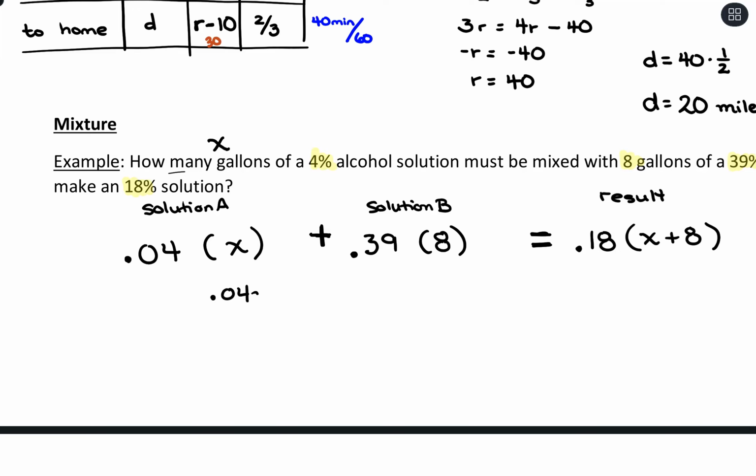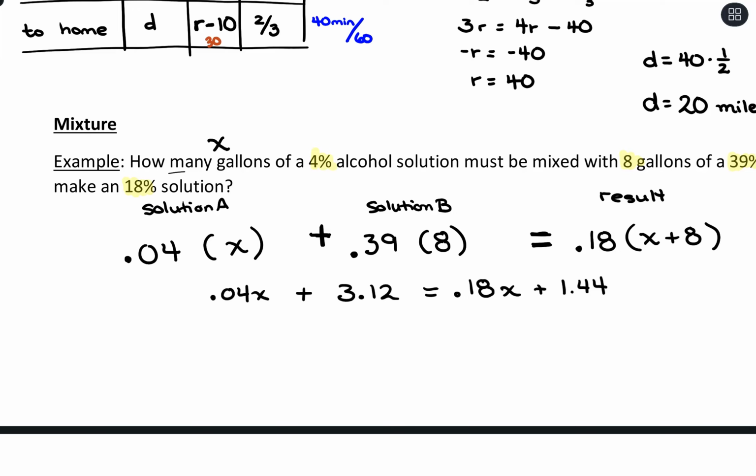So 0.04x plus, and I'm just going to get a side calculator going here. So 0.39 times 8 is 3.12 equals, I'm going to distribute that 0.18 in, plus 8 times 0.18 for 1.44.